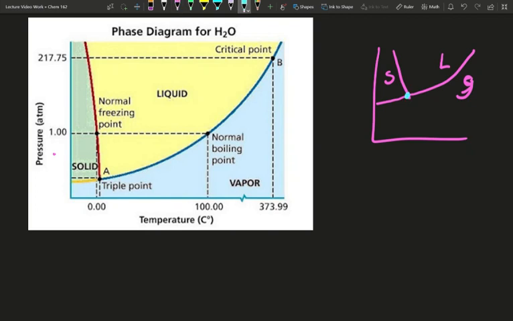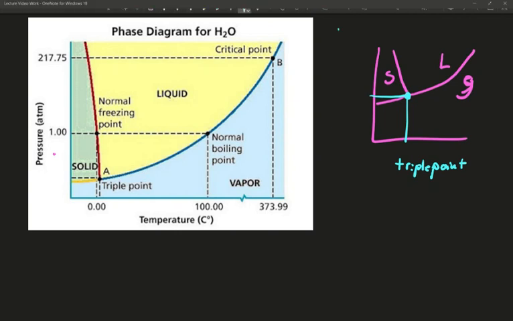Where the three meet, a particular mix of temperature and pressure, that is the triple point, where that molecule can exist simultaneously in all three forms stably. Now you can temporarily be moving some amounts between other temperatures and whatnot. However, to have them persistently maintain an equilibrium, you must be at this temperature and this pressure.